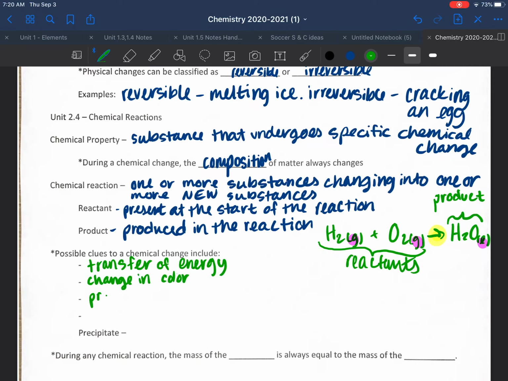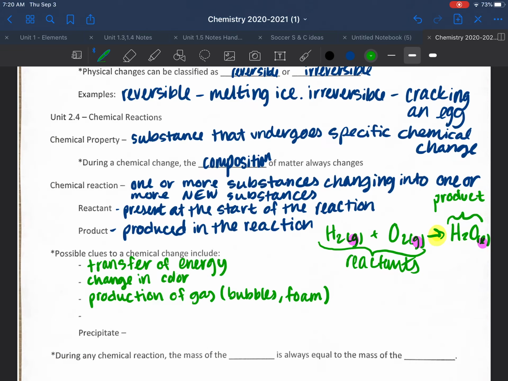And then production of gas. And remember that production of gas can mean bubbles or foam, which you should have seen in some of your reactions from that lab as well.